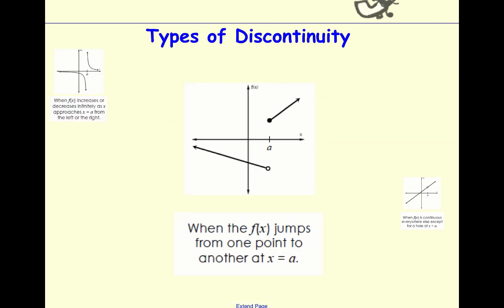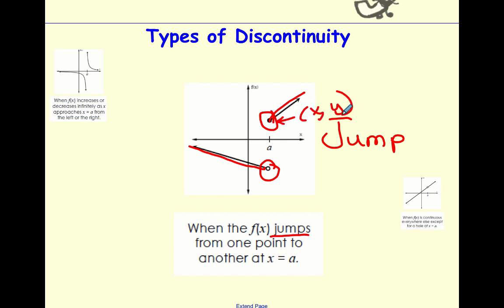Another type of discontinuity has that word in it, jump. And that's kind of like what happens. It's like when you jump from one part of the function to another part of the function. Now notice there's this hole here, but there's a closed circle right here. And that's because this point right here, that xy value is part of the function.